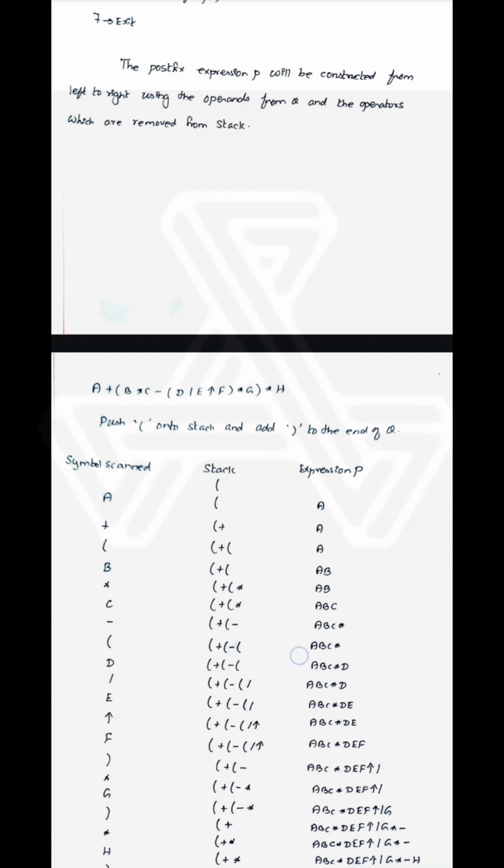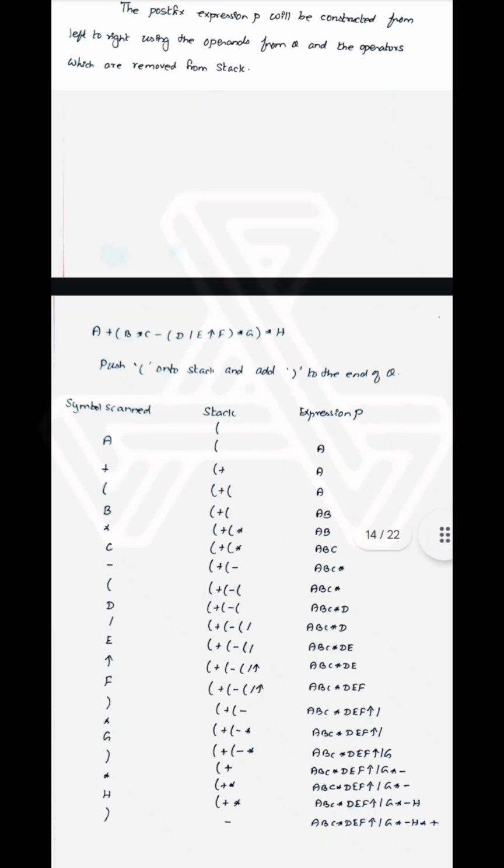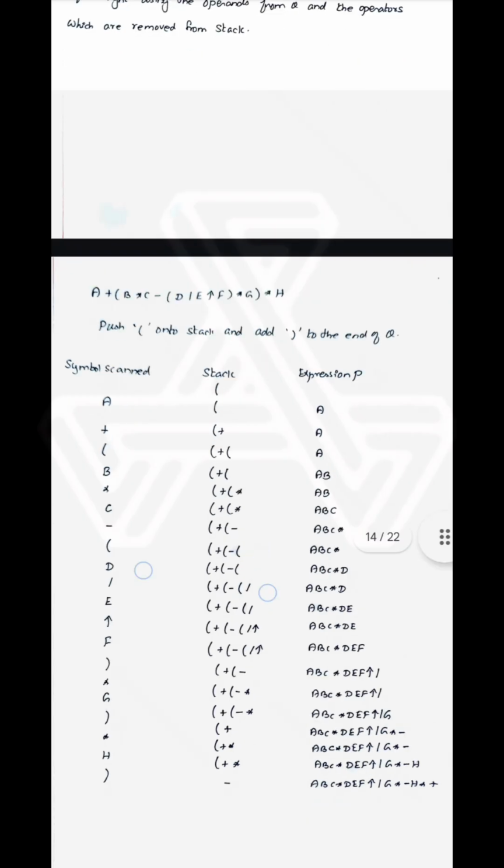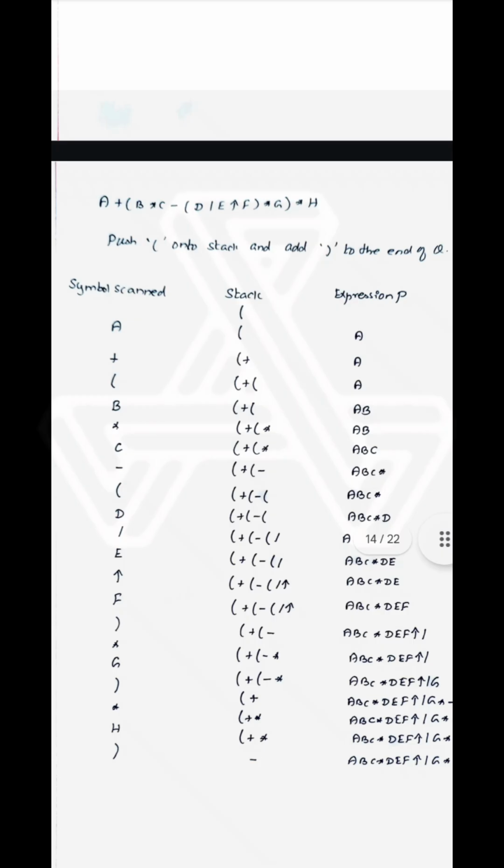First push onto the stack. Then we encountered an operand, so A will be added to the expression P. Then plus is encountered, that will be added onto the stack. Then we encountered a bracket. Then operand B will go to the expression.